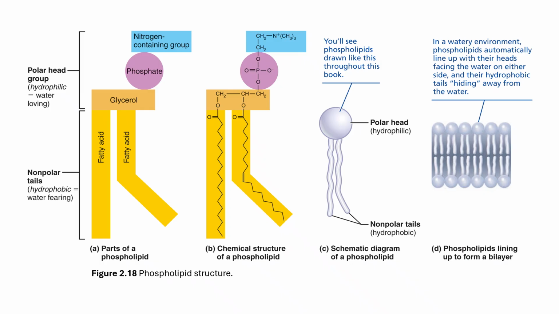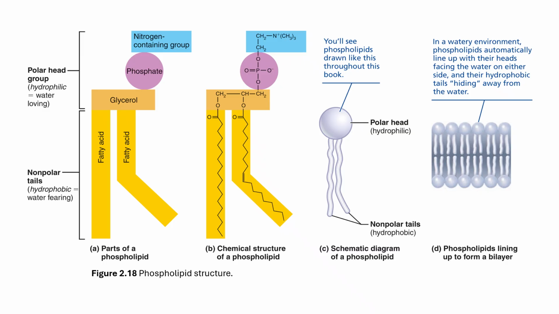So here we have the polar head. This is going to be your glycerol, your phosphate, and your nitrogen group with two long-chain fatty acids. So this one is going to have a double bond here. We see it's bent.